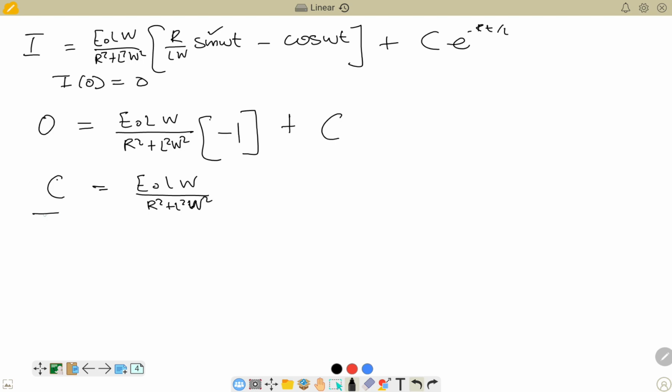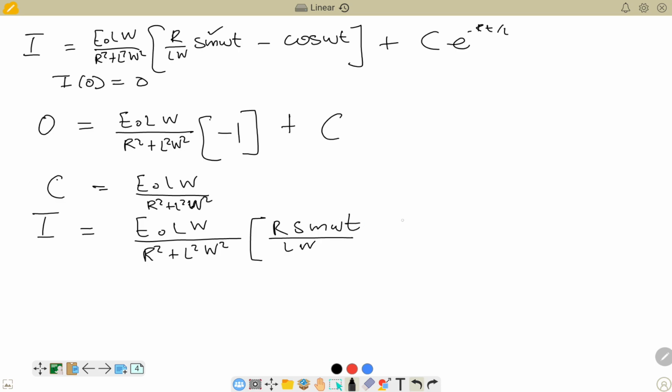So now a particular solution will be like this: E naught LW over R square plus L square W square, then R sine WT over LW minus cos WT. Because the value of C is equal to this, we can also just factor it out as well.